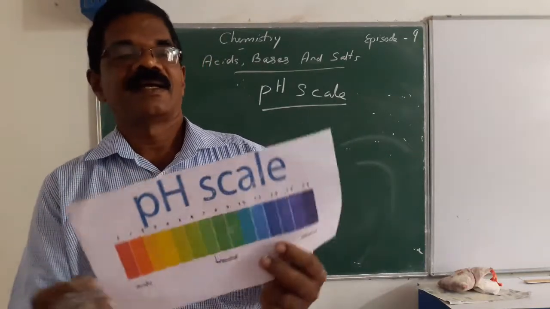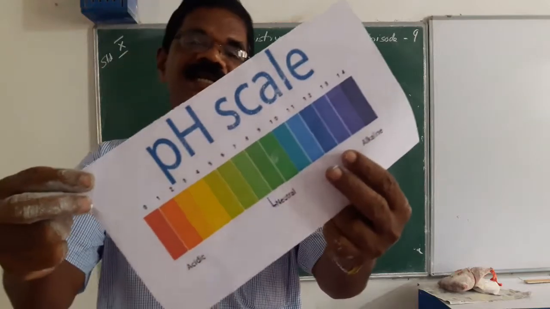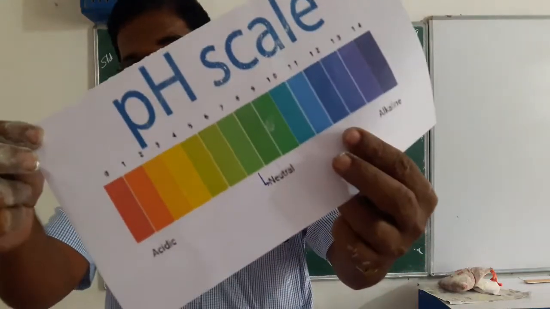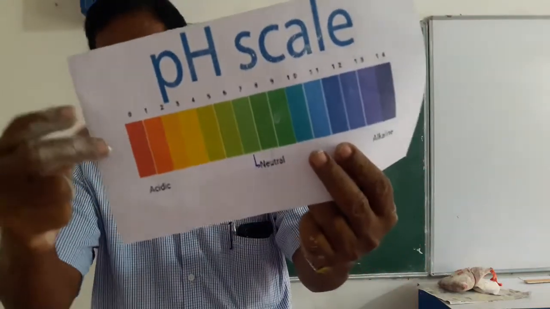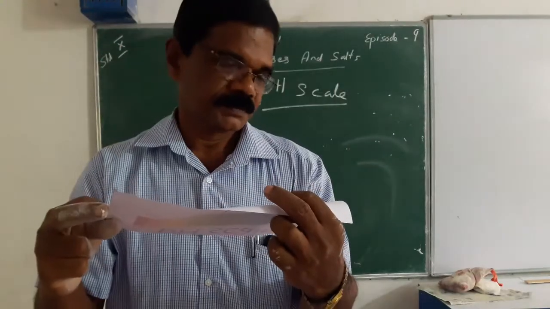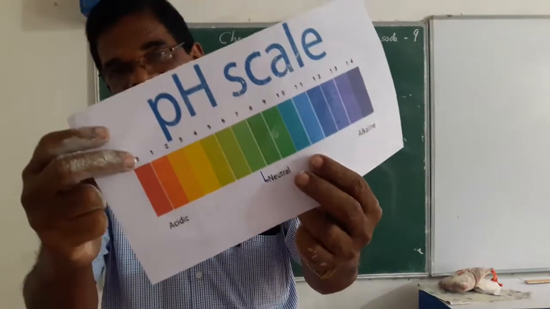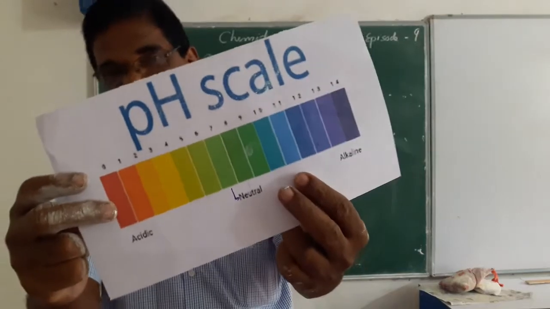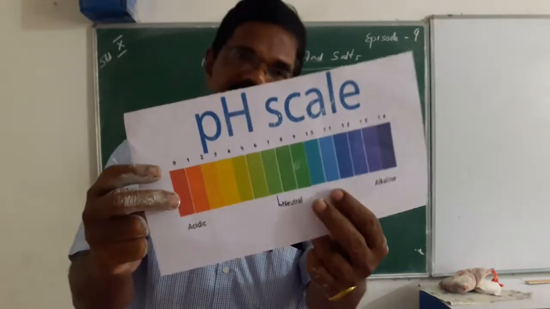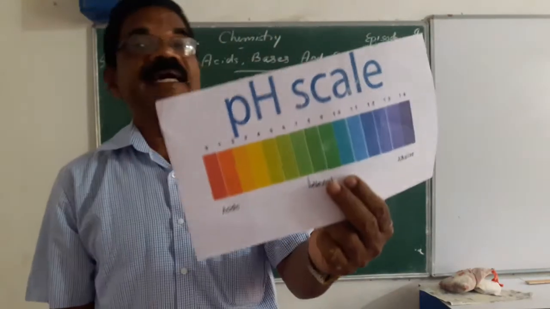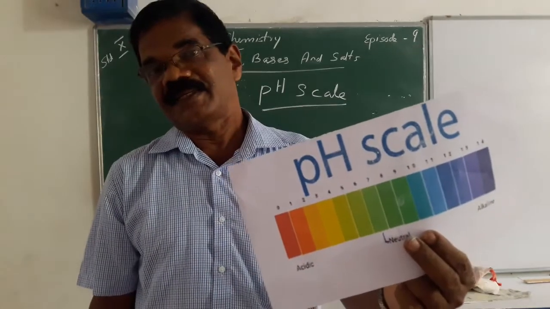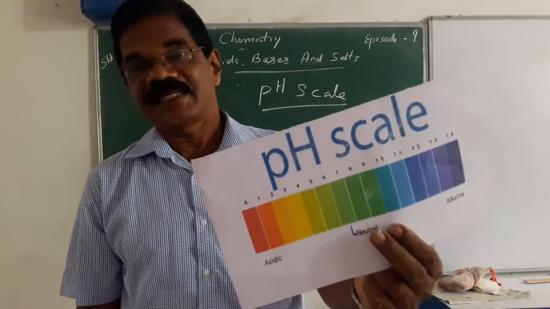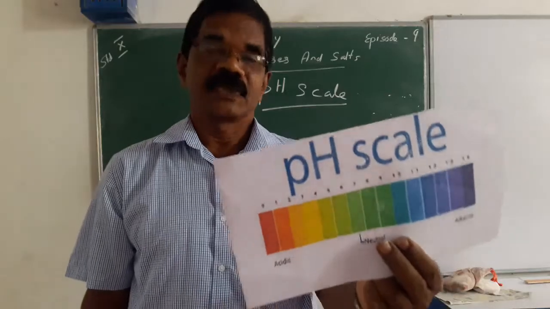This is the pH scale. You can see a variation of color change from 0 to 14. By using this pH scale, we can rank the acidity or alkalinity of a solution.